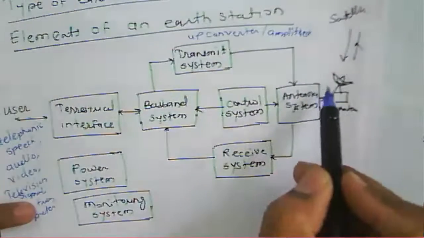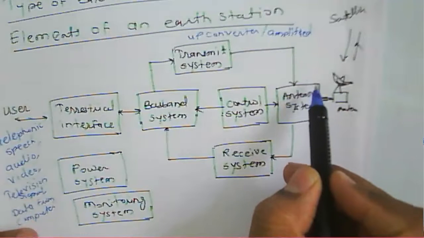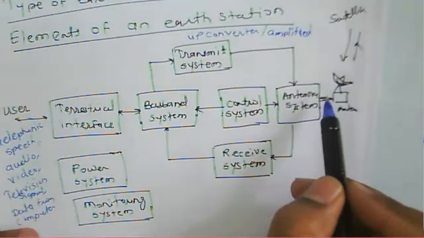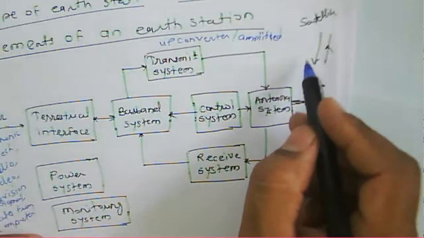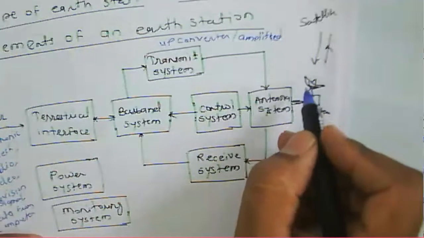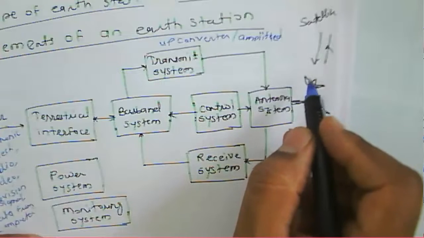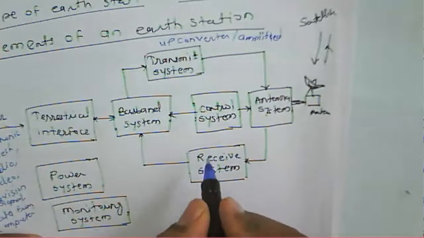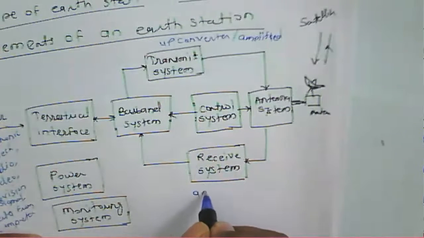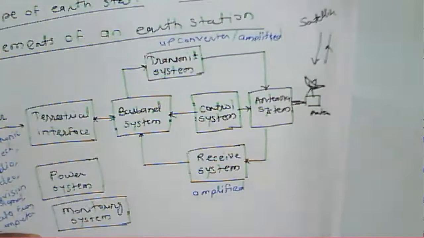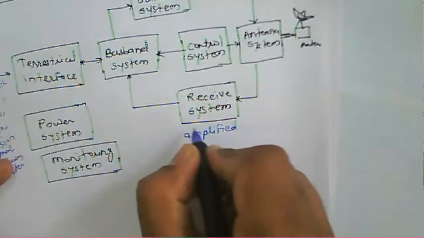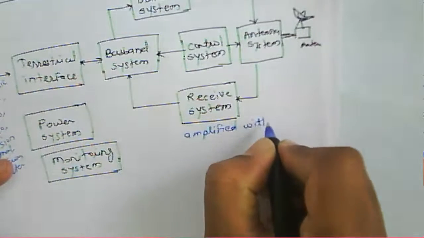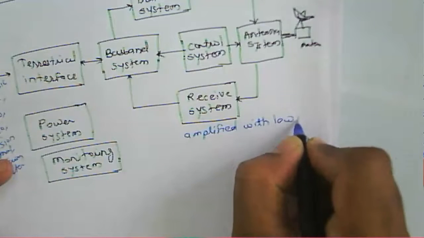Then similarly, at the reception, a signal will be received. That signal received from the satellite will be a low power signal. So we can say that a low power signal will be received from the satellite, and it will be amplified. We have a received signal first, and it will be amplified with a low noise amplifier.